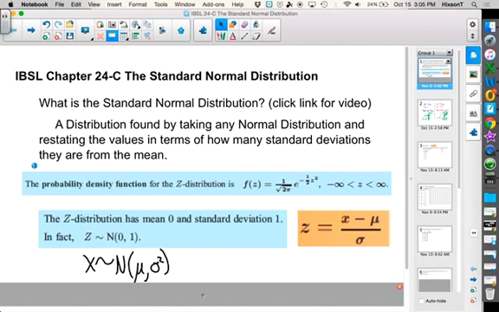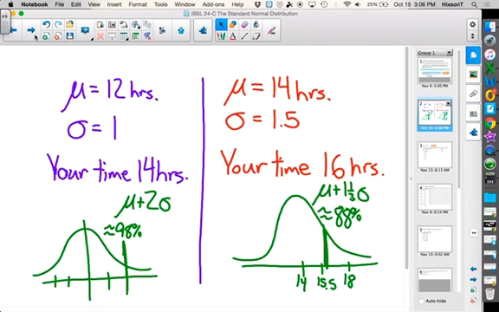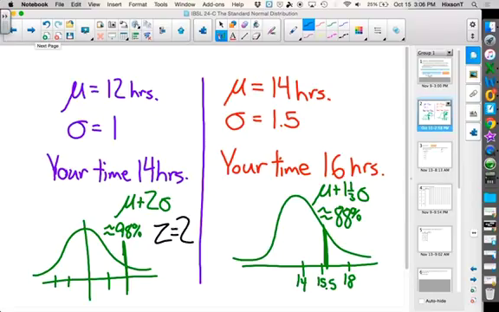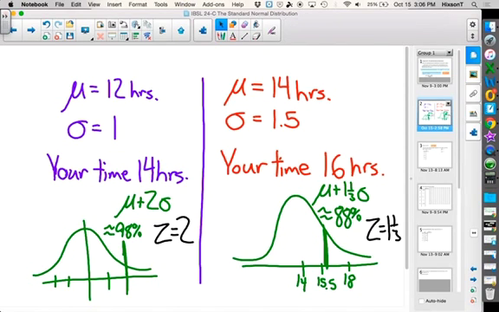Another name for the standard normal distribution is the z-distribution, because we use z-scores, and those z's are also distributed normally. So if you have a z-score of 2, then you're 2 standard deviations away. Here, the z-score would equal 2. Here, the z-score would be 1 1/3.